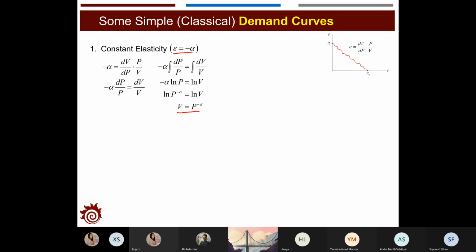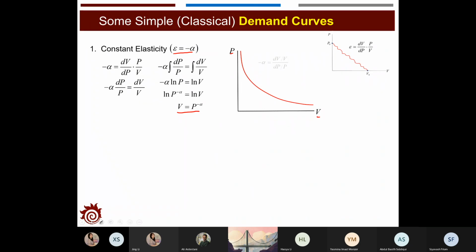So this is the function for a constant elasticity. And if we draw the figure, you can see this kind of decreasing curve for the price and the volume. For this type of curve, the elasticity is constant as minus alpha.